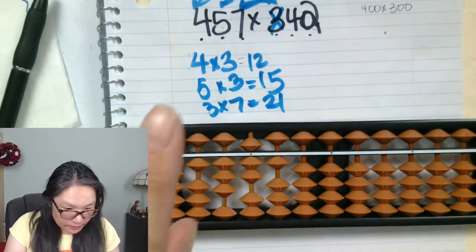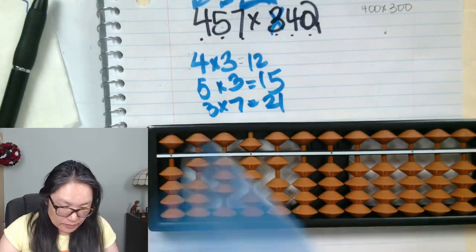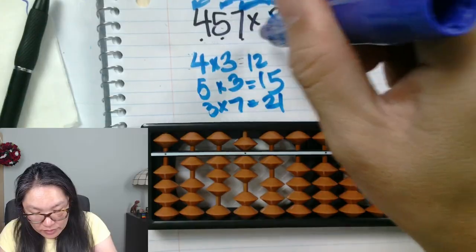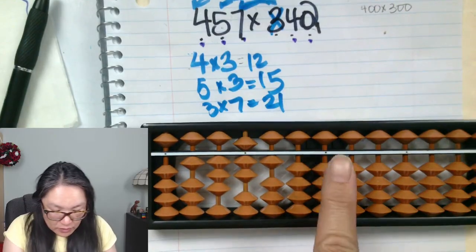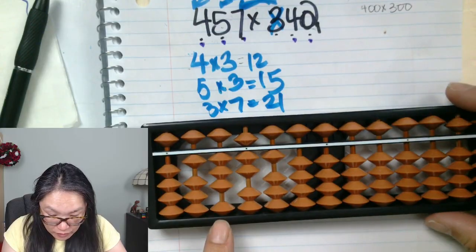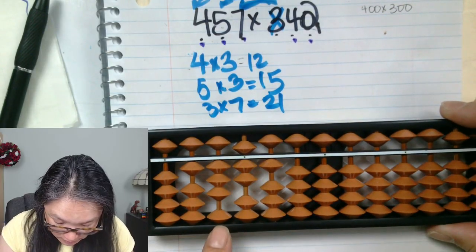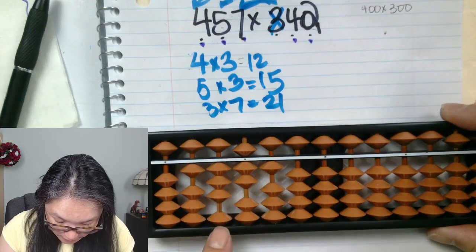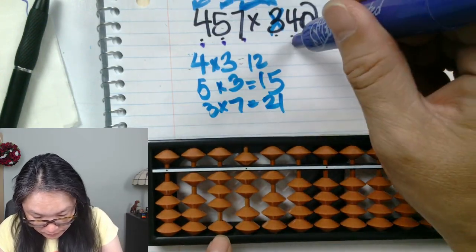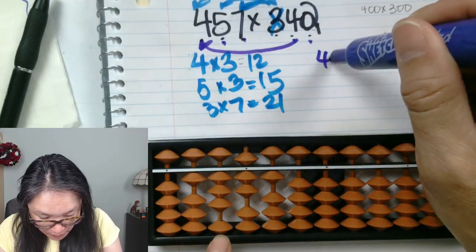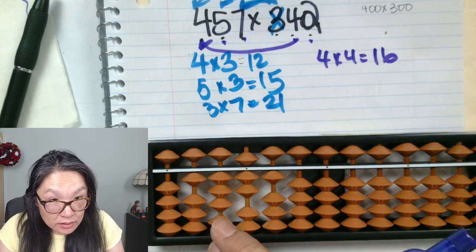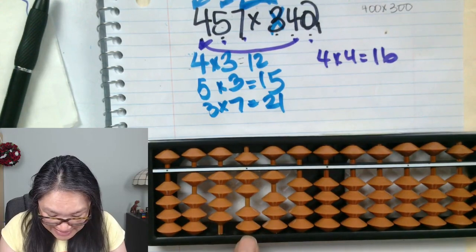What's the next one? The next one is 5. How do I know? 1, 2, 3, 4, 5. 1, 2, 3, 4, 5. Okay, good. I think my beads are okay. 4 times 4 is equal to 16. I add 1, I add 6.